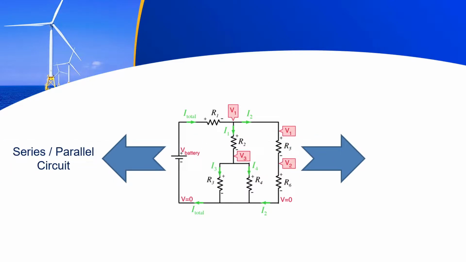Pero meron tayong mas mabilis na paraan para makompute yung voltages and currents na nagpa-flow sa circuitry natin. So, by using Kirchhoff's laws. Meron tayong dalawang law na pag-aaralan. So, una, KCL at pangalawa, KVL.